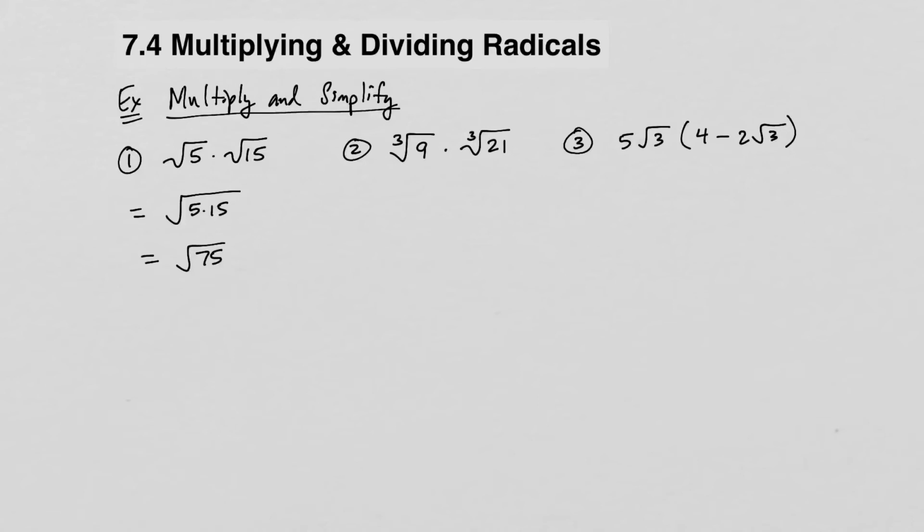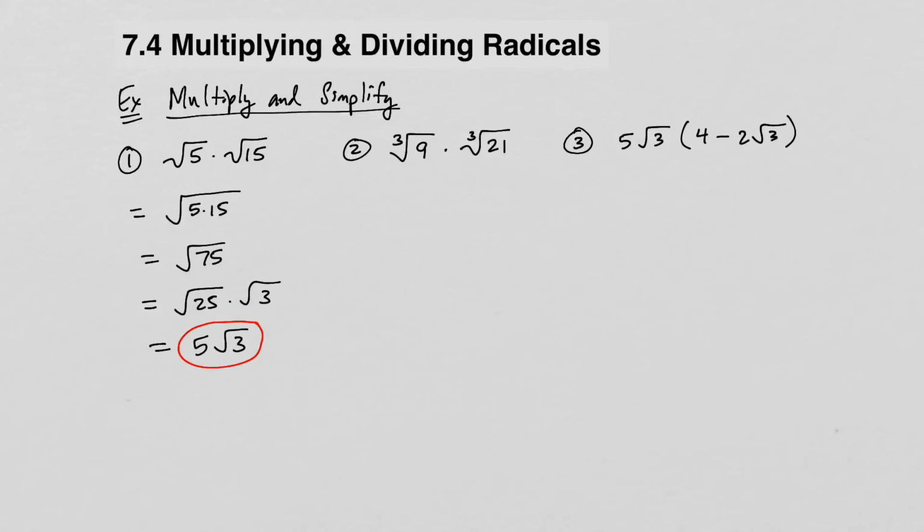However, the square root of 75 is not simplified because we can refactor it as the square root of 25 times the square root of 3. And the square root of 25 is a perfect square. And so that gives us 5 times the square root of 3.